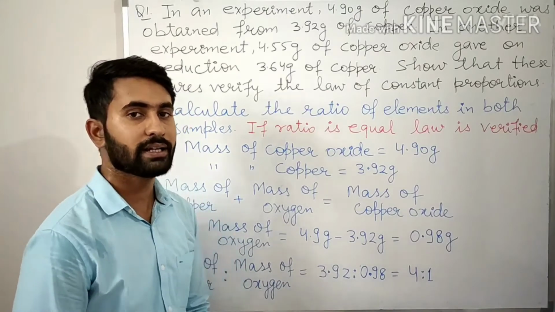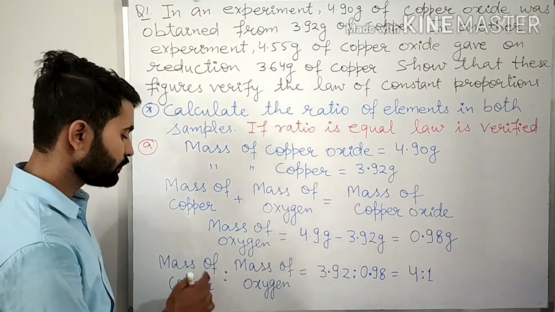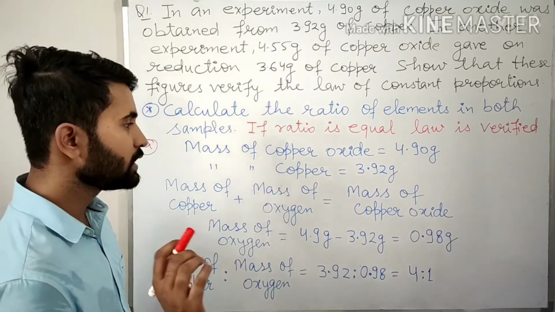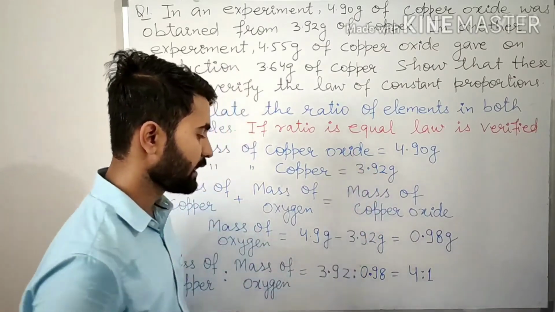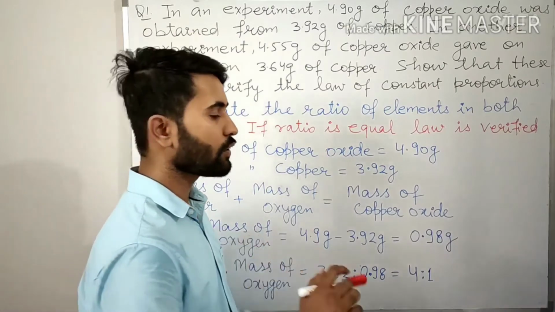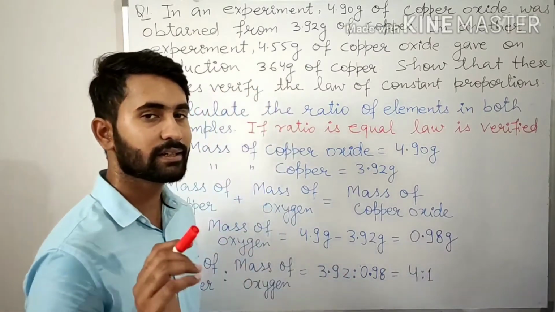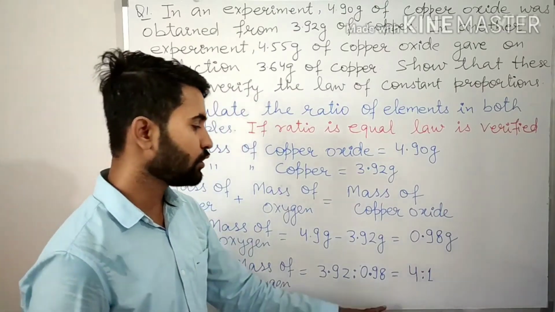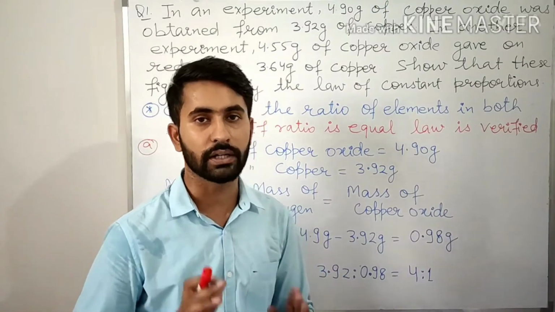Now we will calculate the ratio of the mass of copper with the mass of oxygen. The mass of copper here is 3.92 grams and the mass of oxygen is 0.98 grams. When we divide, we get the ratio of 4:1.